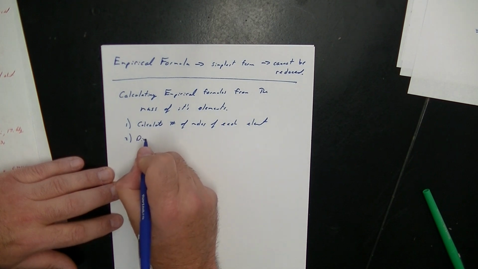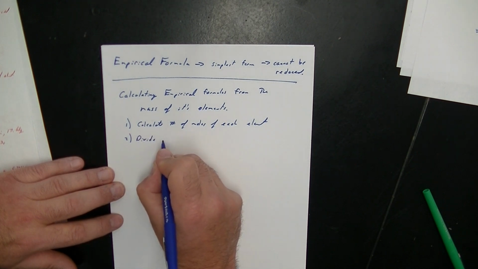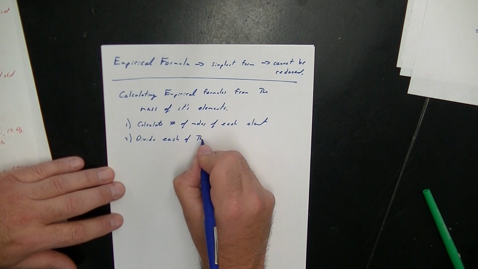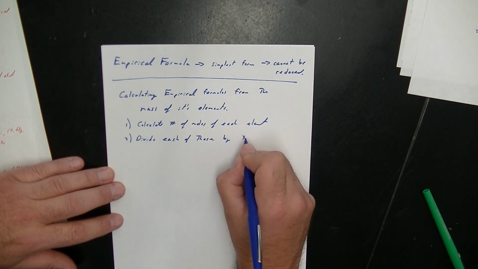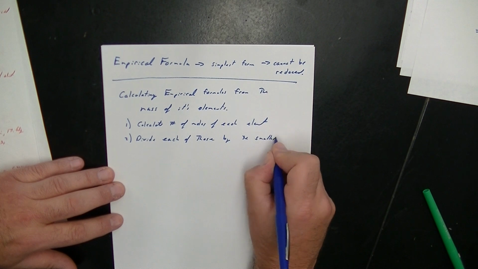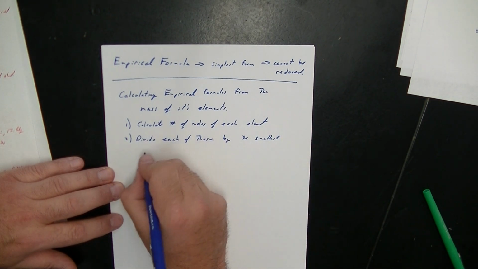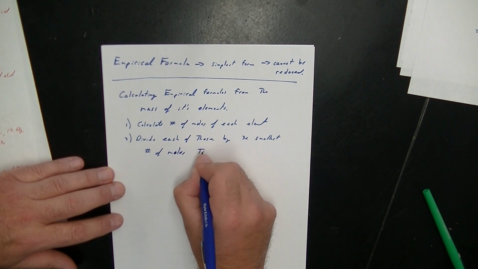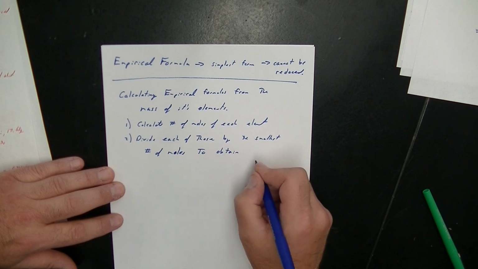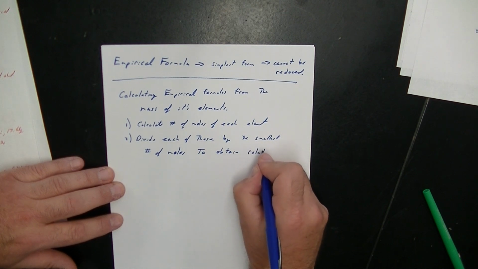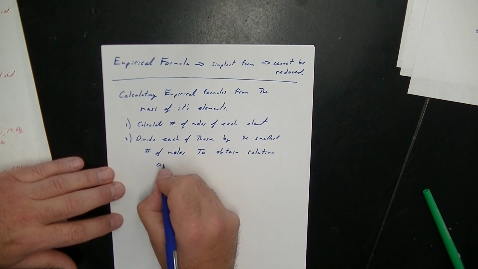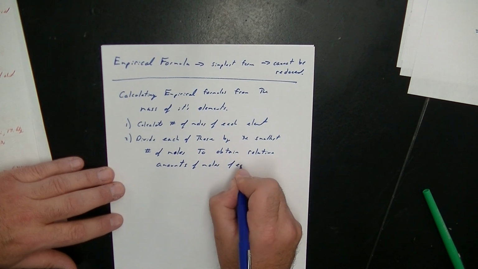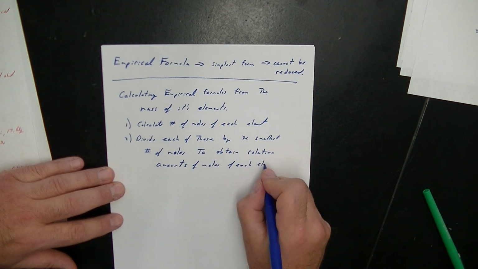Then you're going to divide each of these by the smallest number of moles to obtain relative amounts of moles of each element.